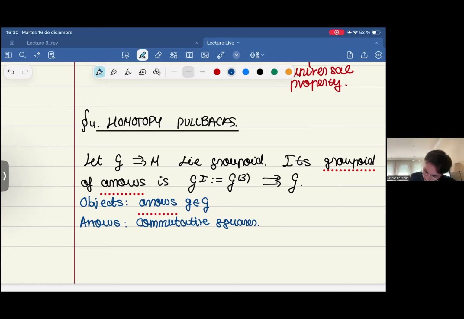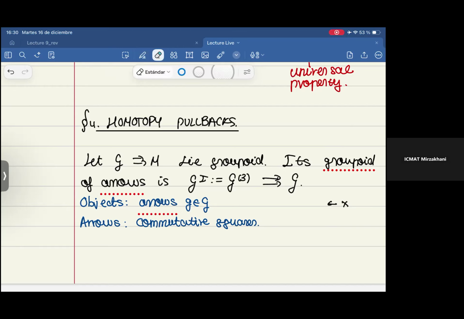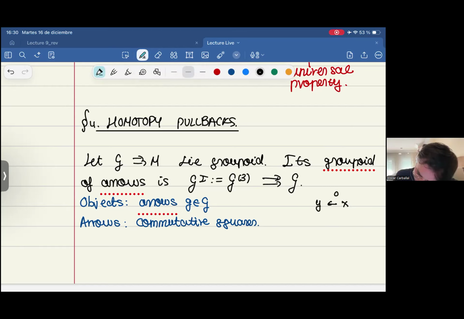So, suppose that we have an arrow from X to Y, this thing here, and we have another arrow from X prime to Y prime. What a commutative diagram: we have an arrow here, something here, and something here.